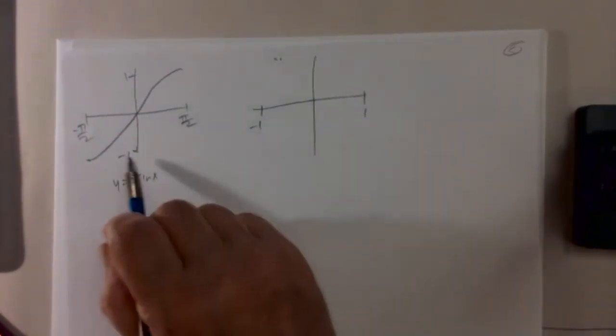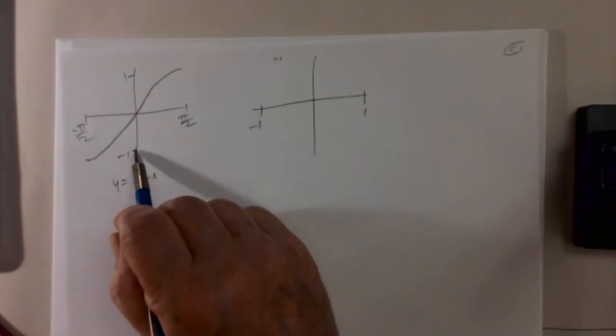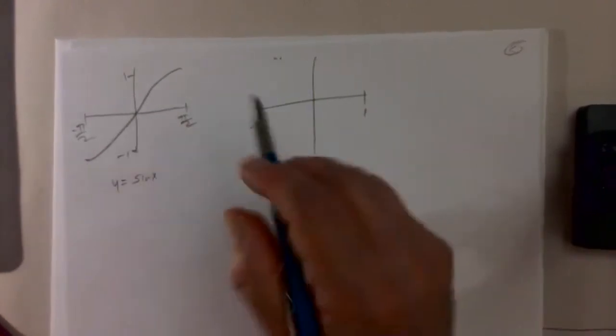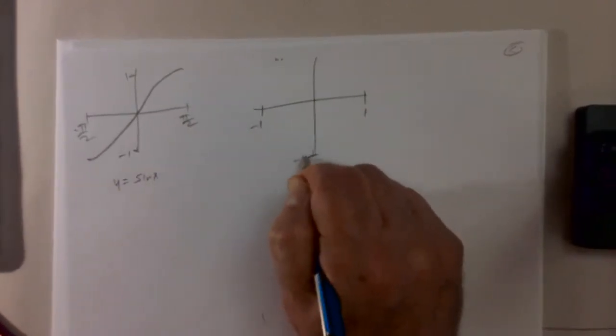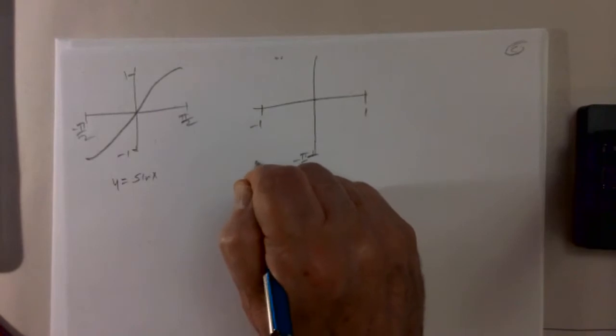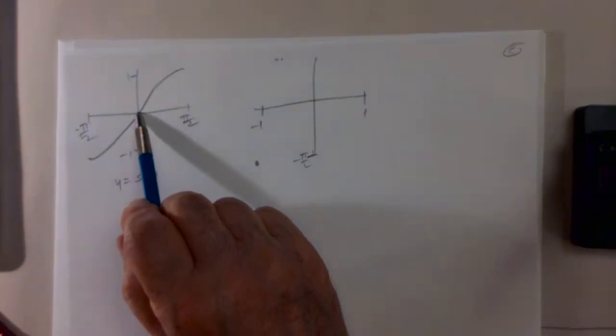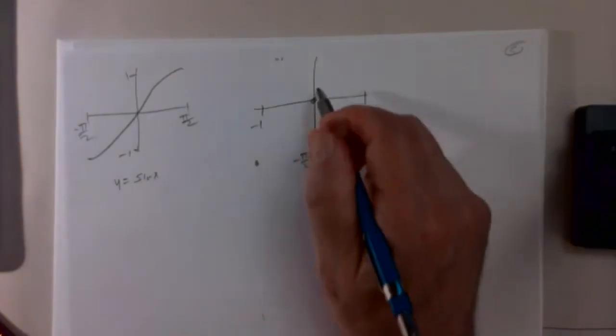And when y is -1, the x is minus pi over 2, or if you just interchange x and y, this is minus pi over 2. When the sine of x is 0, x is equal to 0.